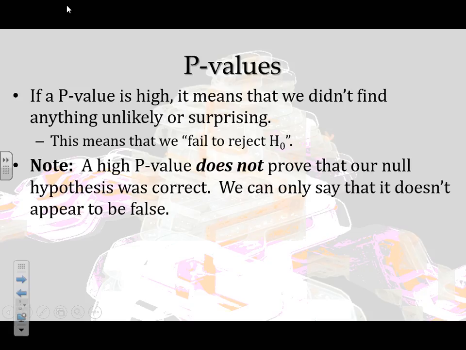We can only fail to reject that null. All we can say, the strongest conclusion we can make, is that the null doesn't appear to be false. So when you run this test, you will never be able to say that that proves the null hypothesis is true. It cannot happen. The best we can say is it doesn't appear to be false. It doesn't appear to be wrong based on our findings.